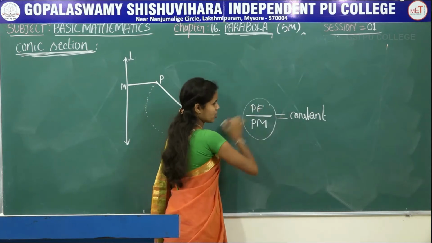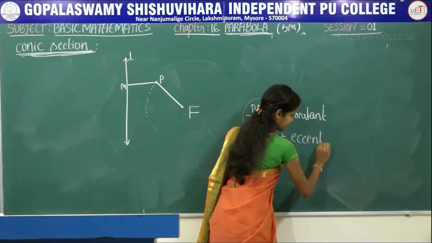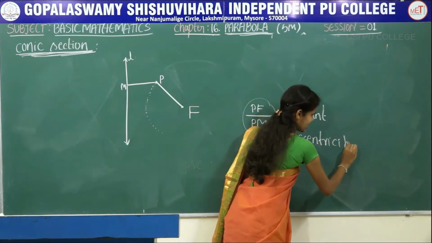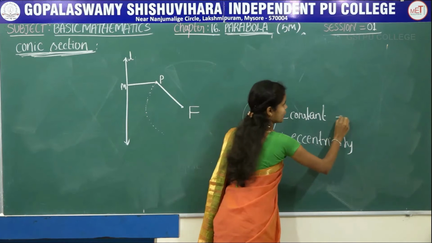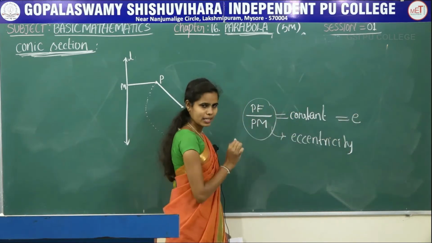This constant ratio is called the eccentricity. It is denoted by e.